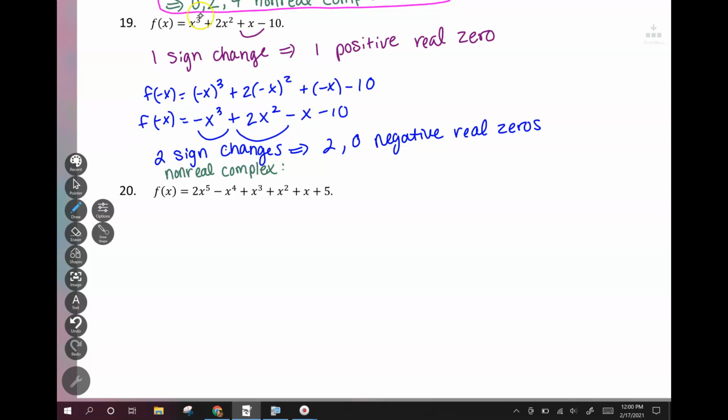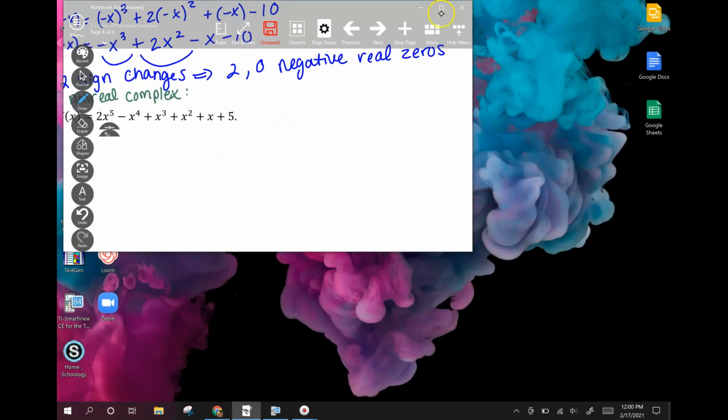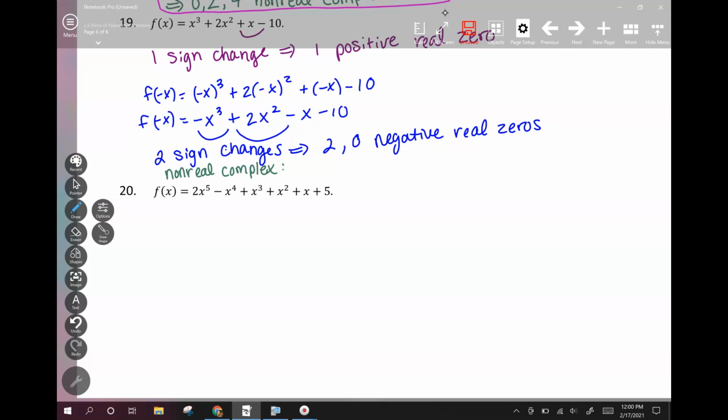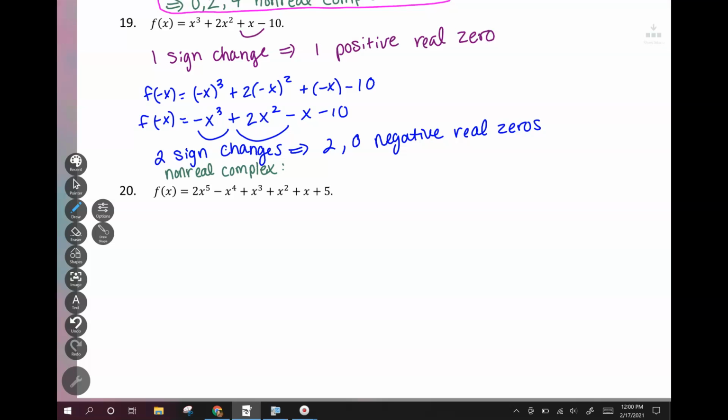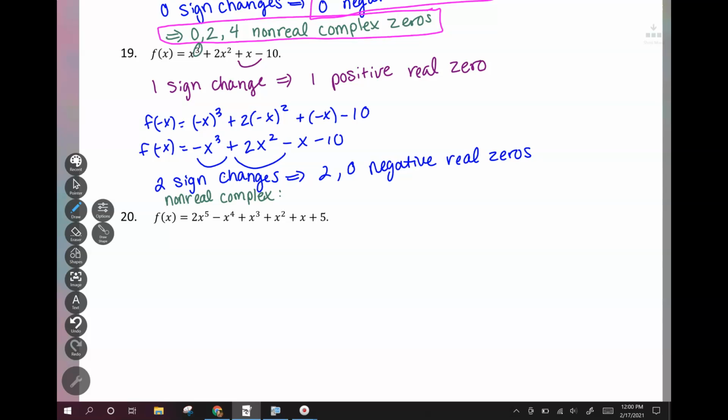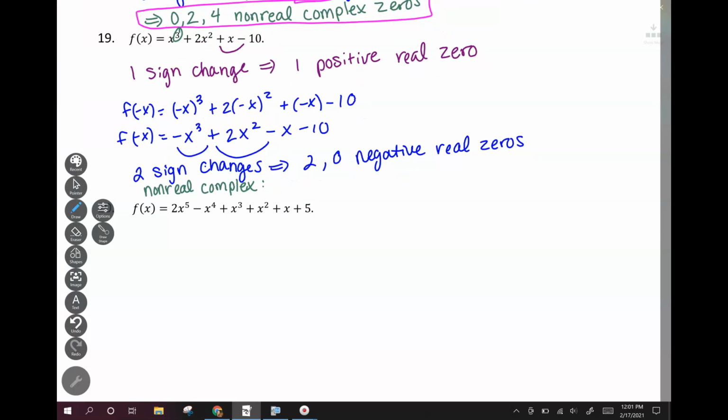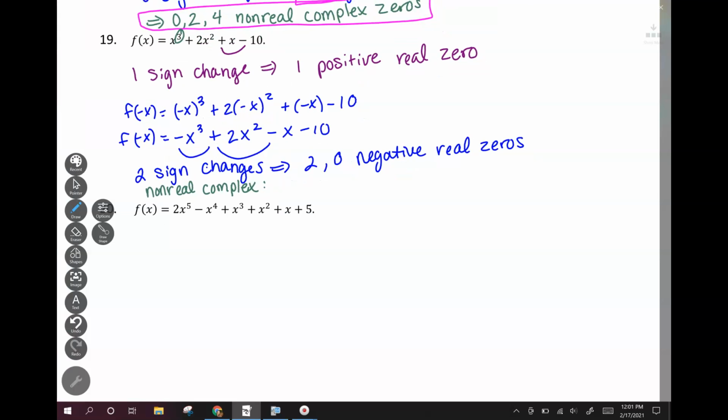Okay, so I need to have 3 zeros total, because my degree on my polynomial is 3. And so let's think of our possibilities here. I could have 1 positive real zero and 0 negative real zeros. That leaves me with 2 zeros left over, so 2 of them would have to be complex.